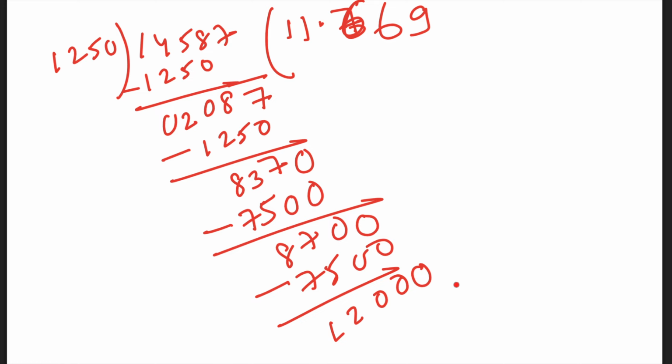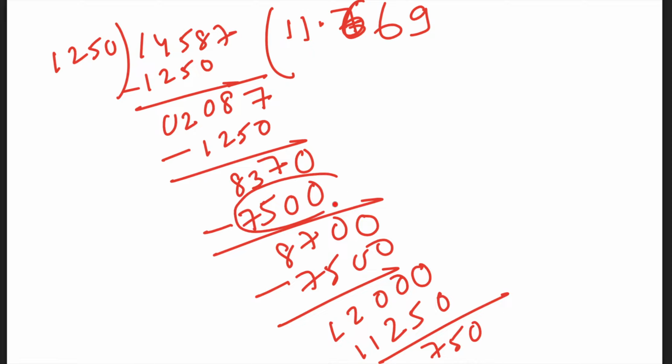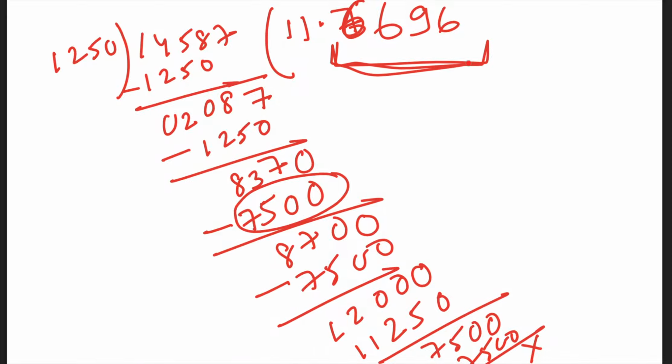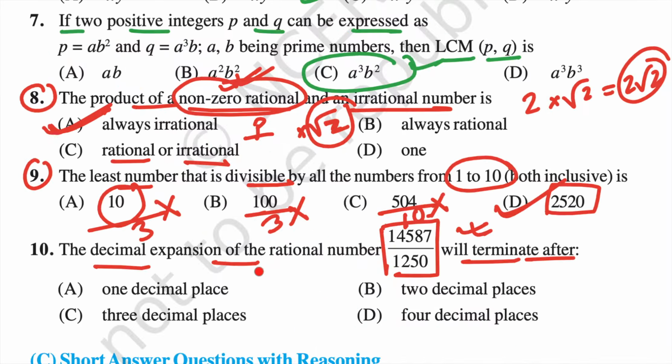So 9 times 0 is 0, 5, 4 carry forward, 9 times 2 is 18, and 2 carry forward, 9 times 1 plus 2 is 11. So we got 750. Now we can see 750 coming in 6 times, so it will get cancelled. So how many digits after the decimal? It is 4. So the answer will be 4 decimal places.